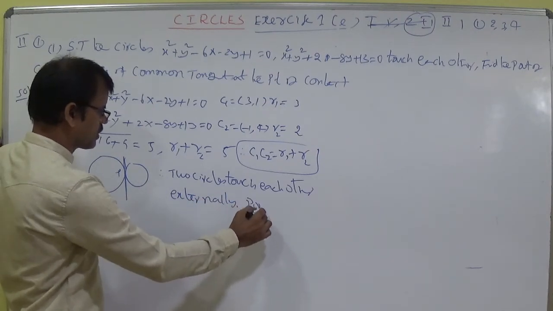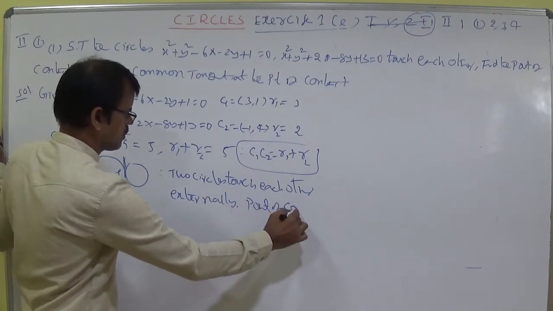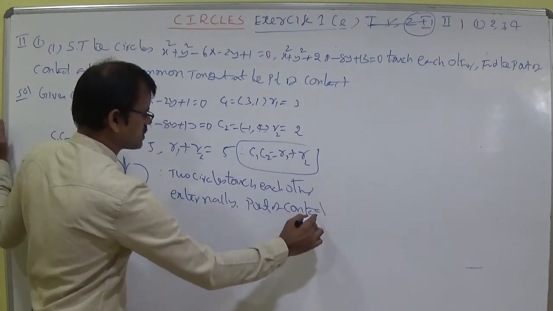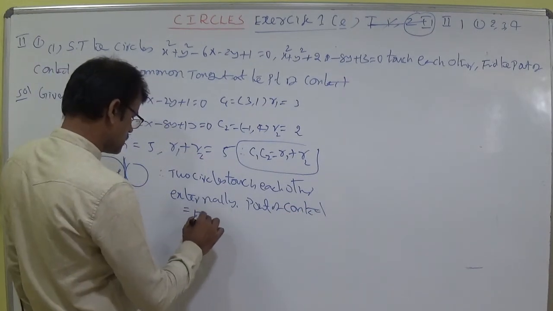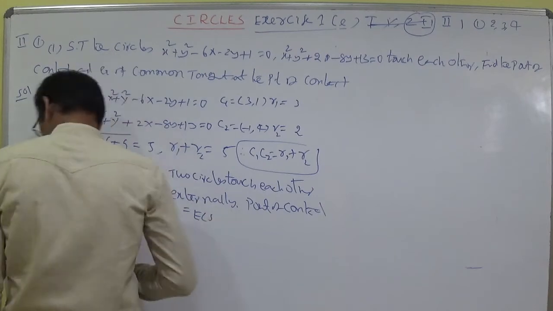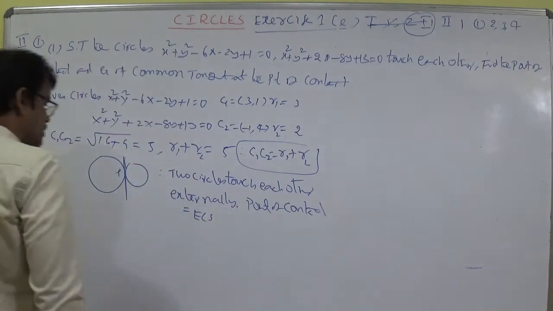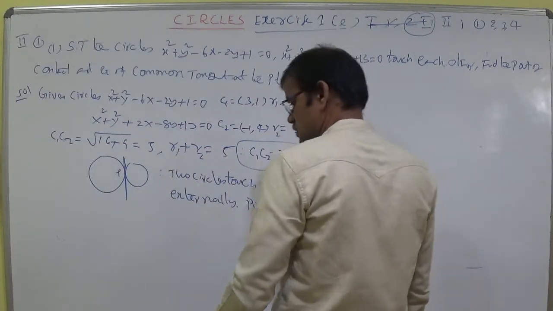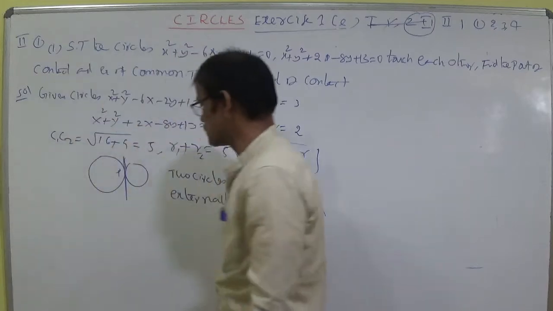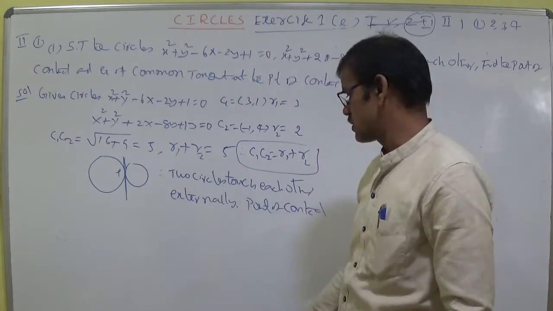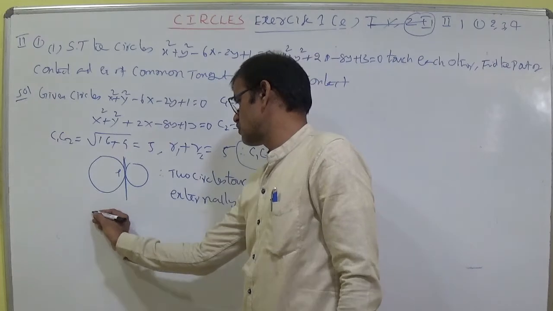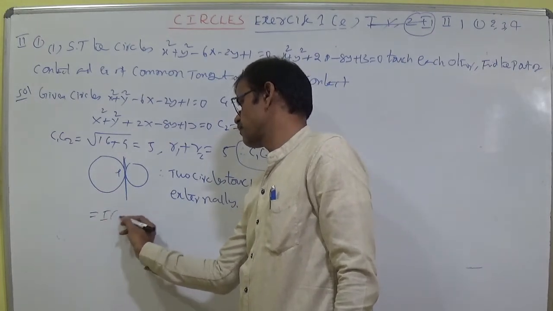Point of contact. Whenever two circles touch each other externally, point of contact is equal to ICS, because the point of contact lies between the circles.